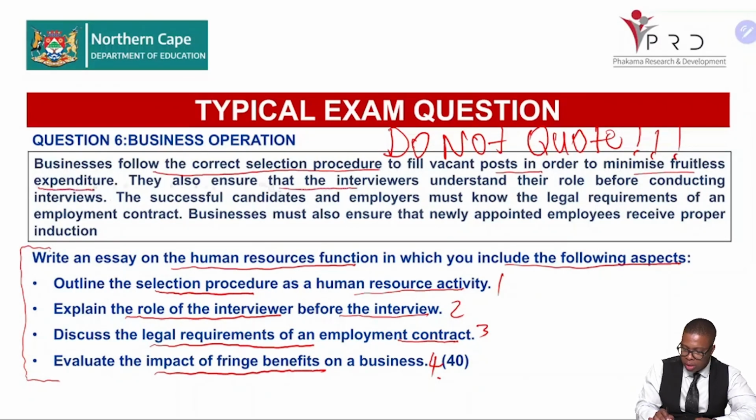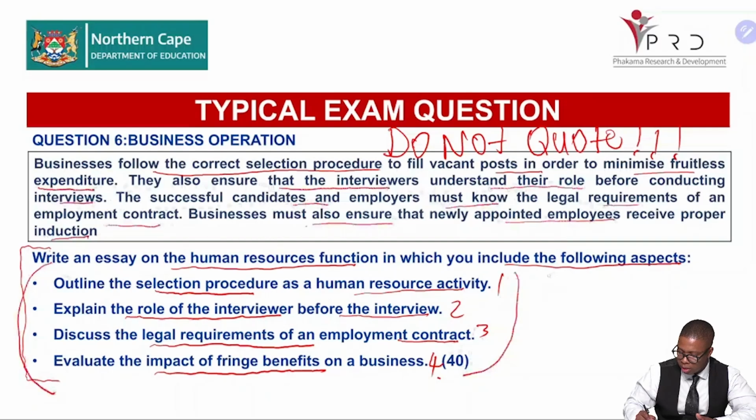They also ensure that their interviewers understand their role before conducting interviews. The successful candidate and employer must know the legal requirements of an employment contract. Businesses must also ensure that newly appointed employees receive proper induction. Therefore, when we look into the two, there's nothing to be quoted and used as an answer.